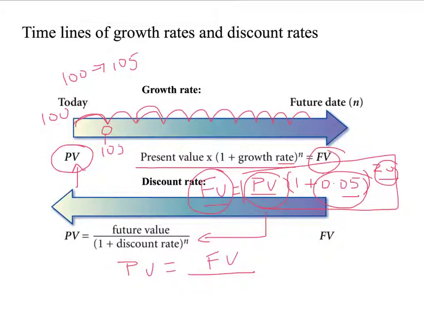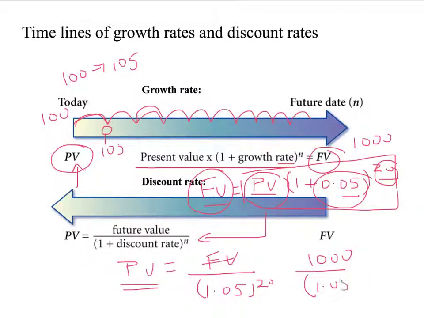If I want to know the relationship between future value and present value, again, I would say 1.05, and I will raise it to 20. Let's say I wanted to know that I'm going to get $1,000 in the future, what would it be worth today? So I'm looking at the present value for the $1,000. That would be $1,000 over 1.05 raised to 20. Okay, and that's how you do the present value.